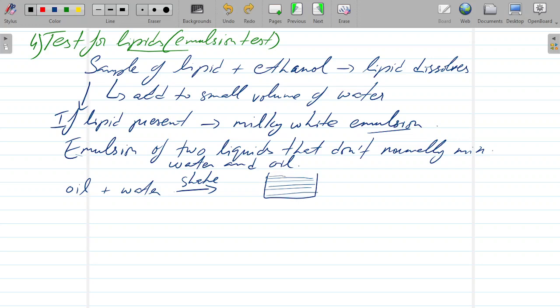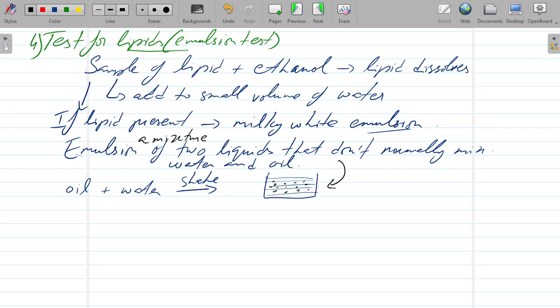But if you mix it, then you will see like oil droplets scattered. So they're not dissolving, they're not mixing, but they're scattered in the water. That's an emulsion. It's a mixture of two liquids that don't normally mix, so they're still not mixing. So the oil becomes scattered in the water. If you leave it for long enough, it will come back together. But that's what an emulsion looks like.